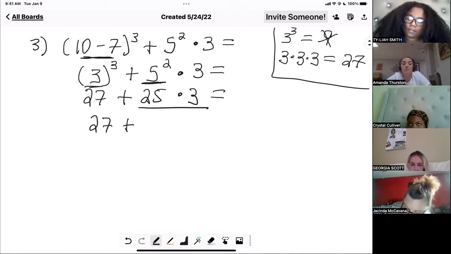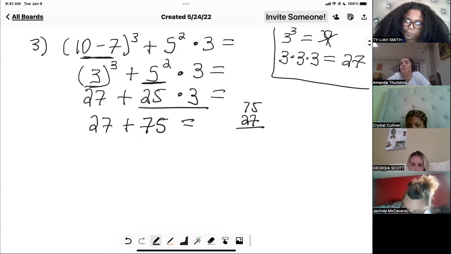So if I have $25 and I have 3 $25, that's just $75. So that's 75. And then I add them together. So let me put over here 75 plus 27, because you know I like to do vertical. 5 plus 7 is 12, 7, 8, 9, 10. That's 102. So my answer is 102.